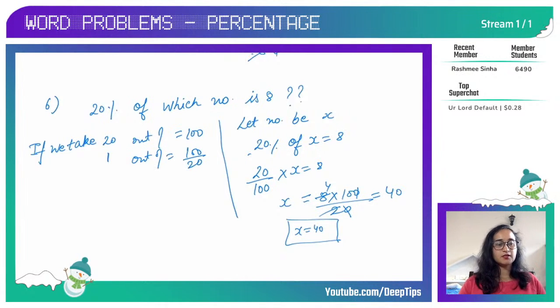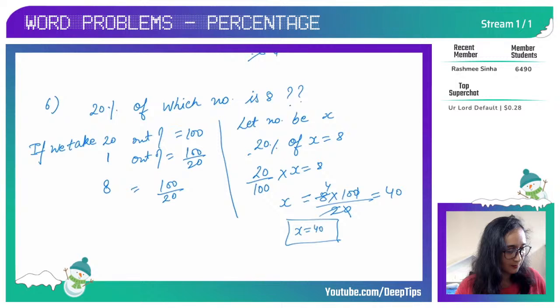That means if we take 20, then original number is 100. If we take 1, original number is 100 by 20. And if we take 8, then original number is 100 by 20 into 8. So that is again same. 4 2s are 8, 4 5s are 20 and 40.